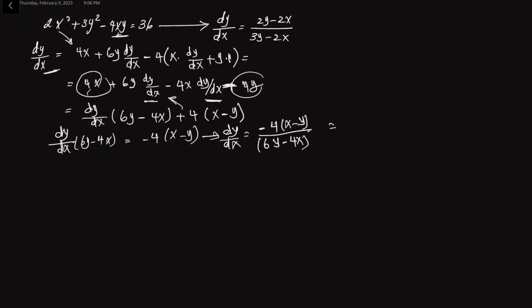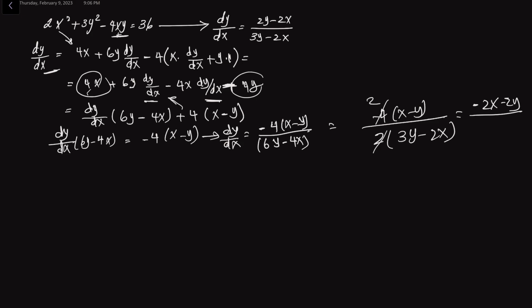Okay, so we can take a 2 out, so 3y minus 2x, and then this would cancel out, so it will be equal to basically negative 2x minus 2y over 3y minus 2x.